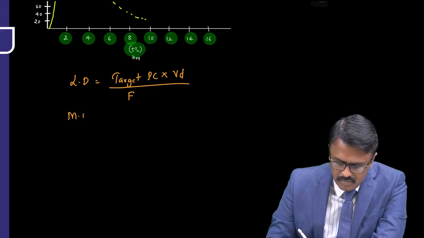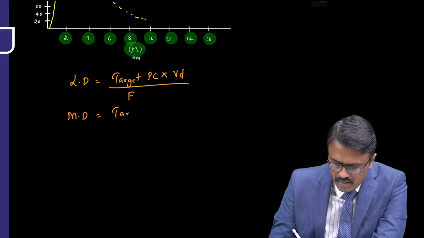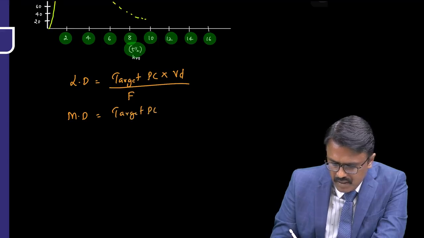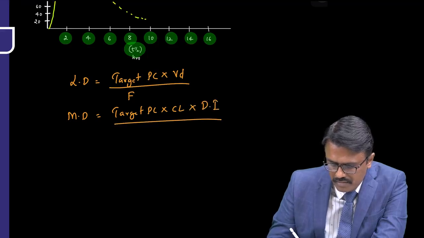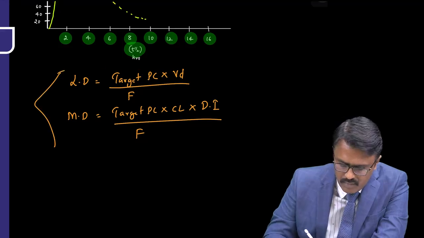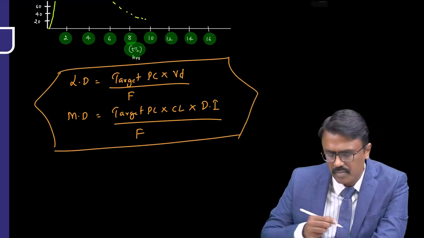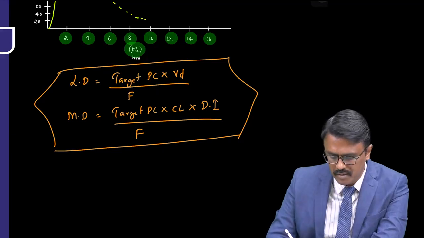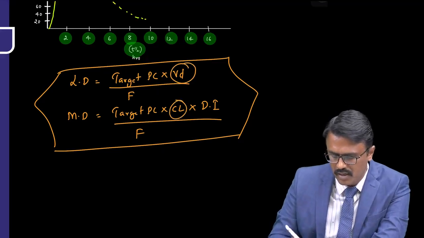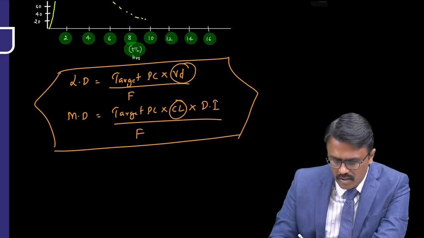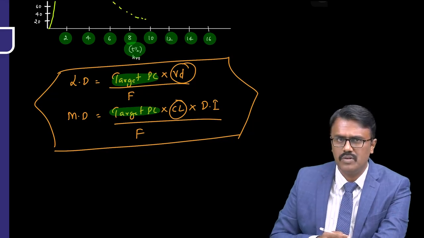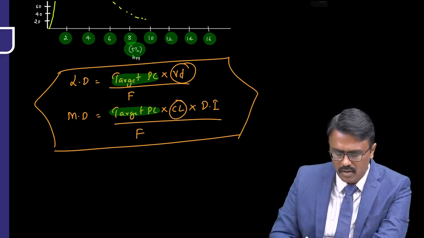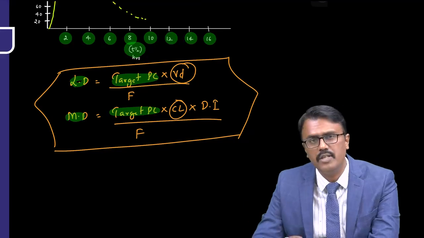Now maintenance dose, MD, is equal to target plasma concentration into clearance into dosing interval divided by F. These are very, very important formulas you need to keep in your mind. Loading dose depends on VD, maintenance dose depends on clearance, and depending on what concentration of drug you require in plasma, you have to give the dose. So that is the meaning of the loading dose or maintenance dose, how we achieve steady state.